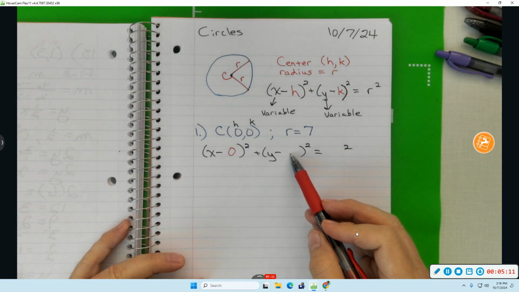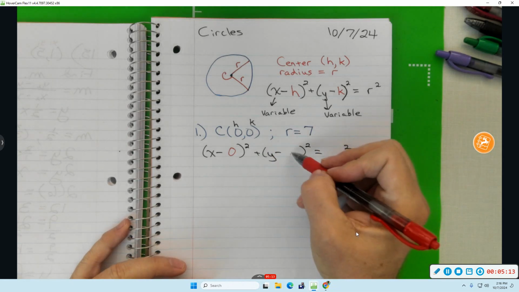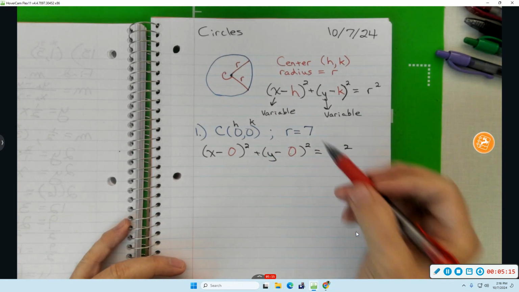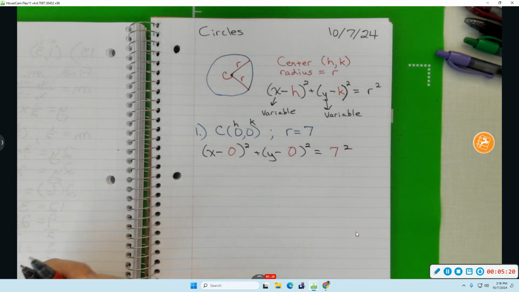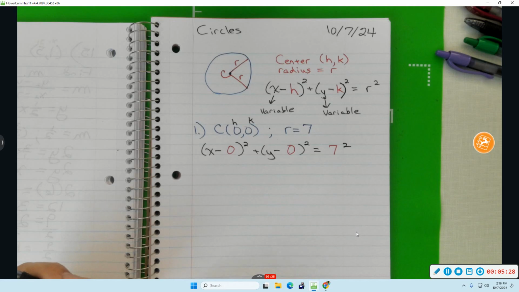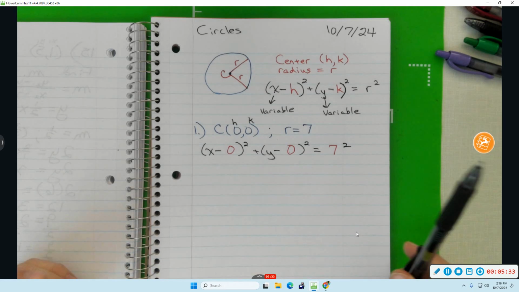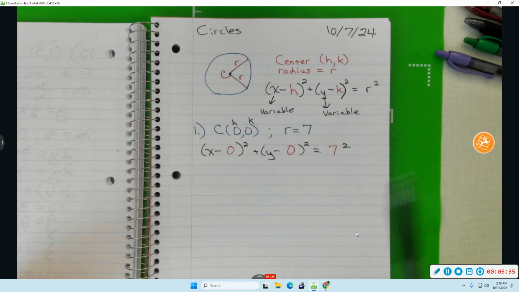The y coordinate of the center is also 0. And the radius we're told is 7, so we have a 7 squared on the right. This cleans up very nicely. Unless the circle is centered at the origin, your equations won't be as nice as this first one. But it's the first equation, so they're trying to make it easy on us.